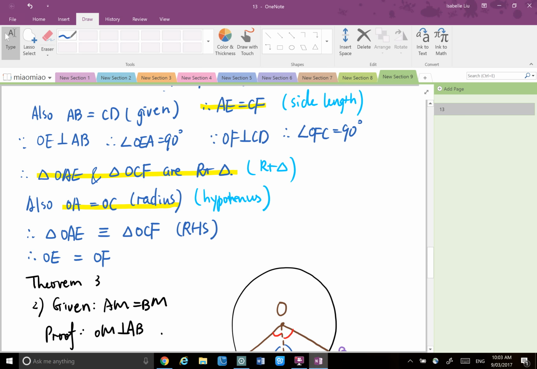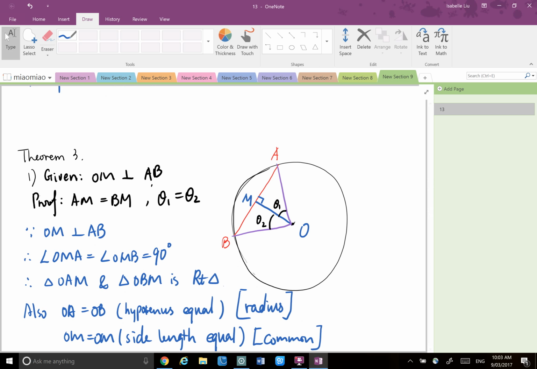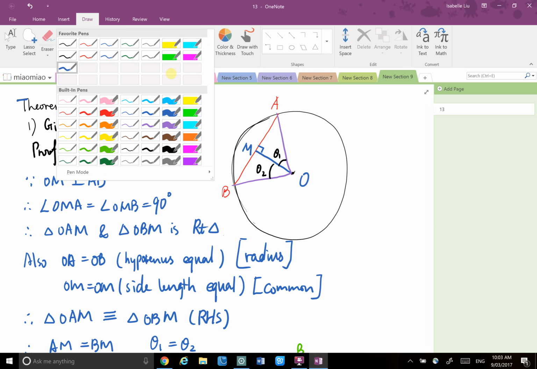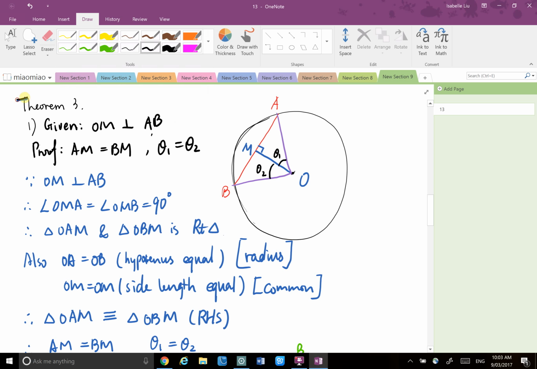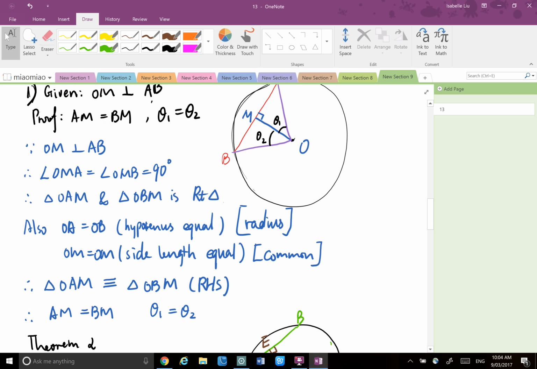It is here, somewhere here. Theorem 3, part 1, dot point number 1. So you just need to go through that again.